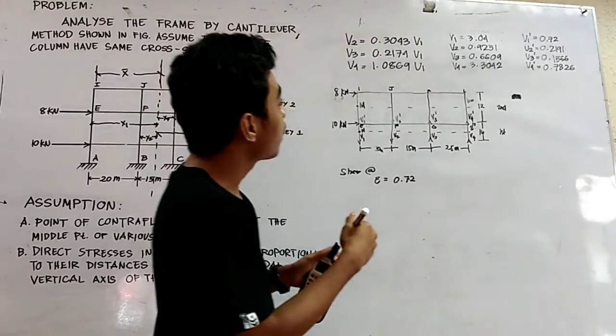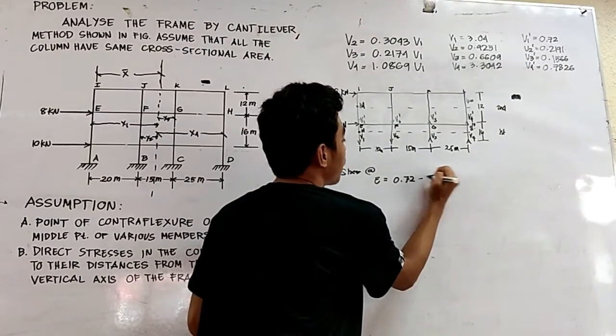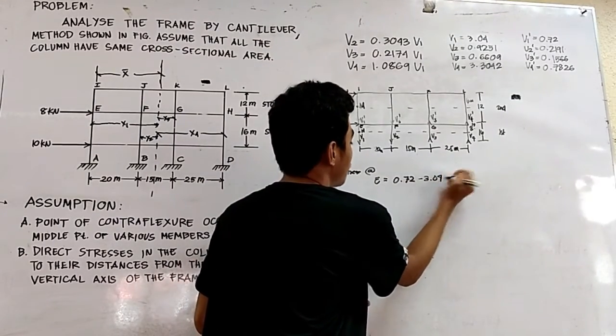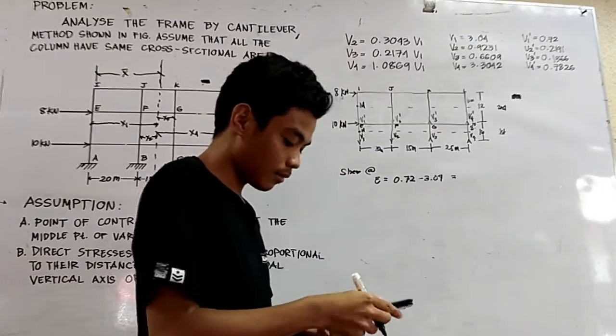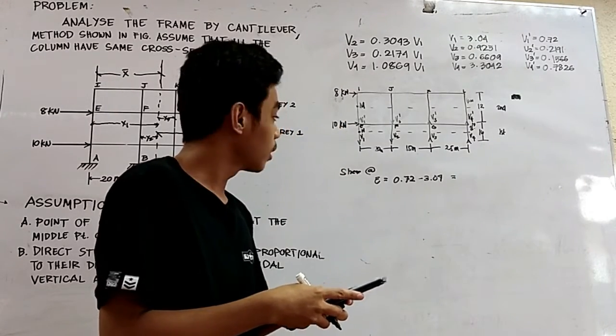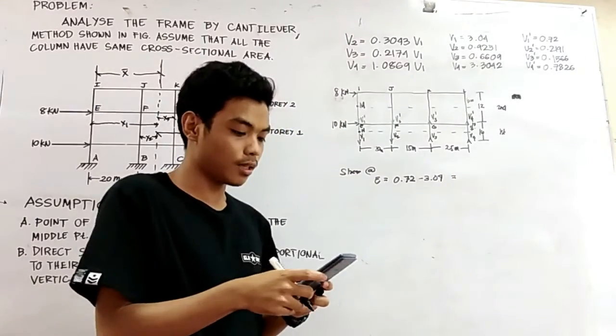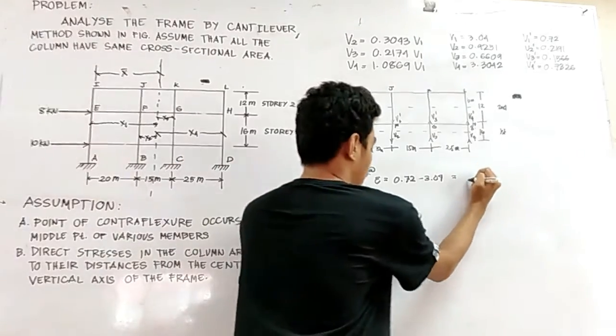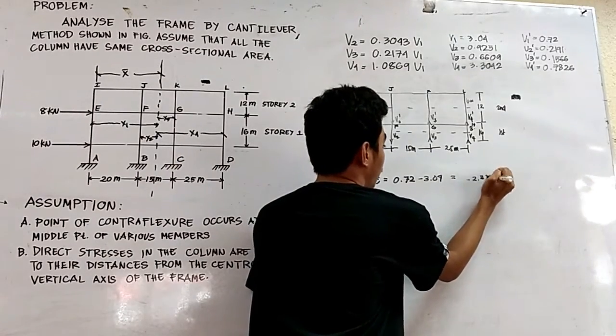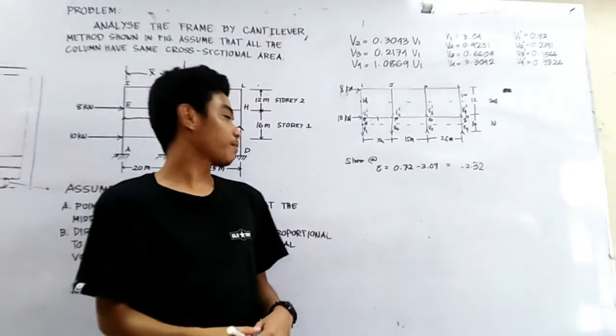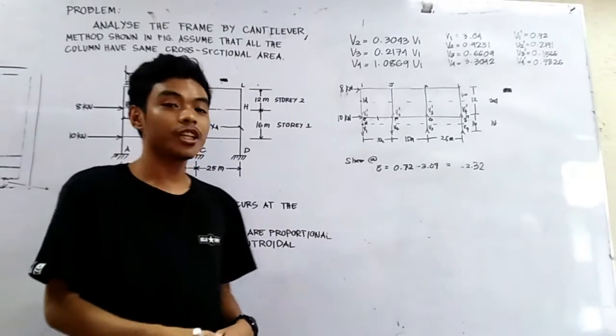So, the value of V1 is 3.04. 0.72 minus 3.04 is equal to negative 2.32.